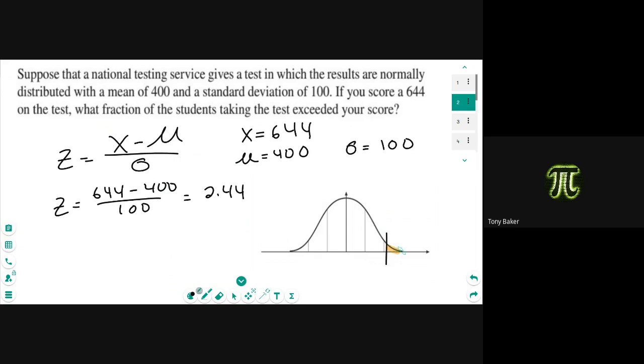Exceed it. So we want this section over here. All right. So let's look at our Z table, and let's find 2.44. And we should get 0.9927.